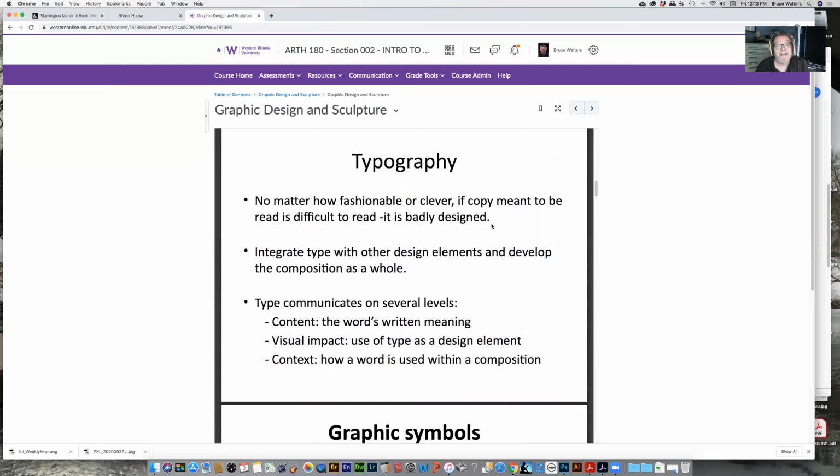And the designer needs to think of type as integrating, not added in addition to the overall composition.